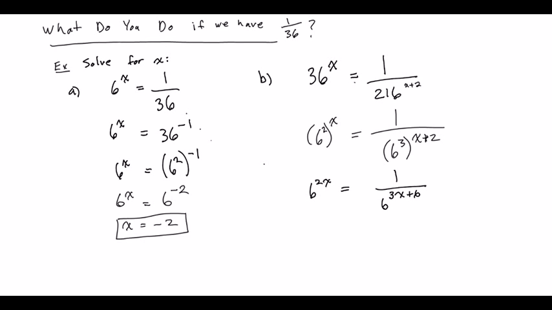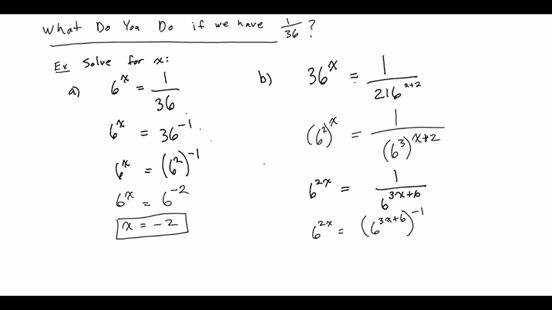Remember what we did here: we took a look at our fraction and said, let's undo the fraction by taking the base number on the bottom and raising it to the negative 1. We have the same bases here, but this whole section is not in the right spot. So what we're going to do is essentially what we did in the previous problem. We write 6 to the 2x is equal to 6 to the 3x plus 6, all raised to the minus 1. So we've just undone the fraction.